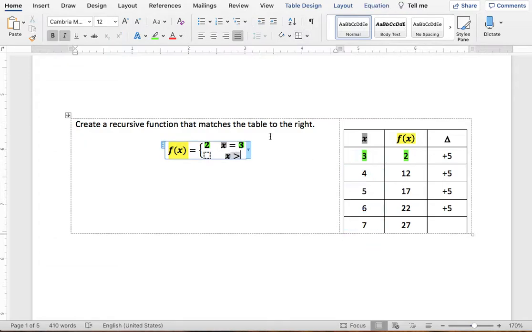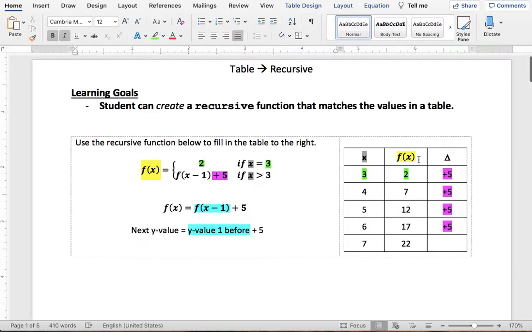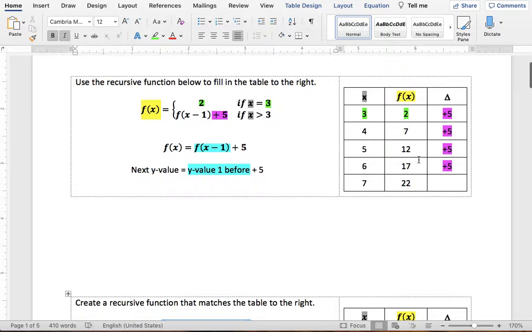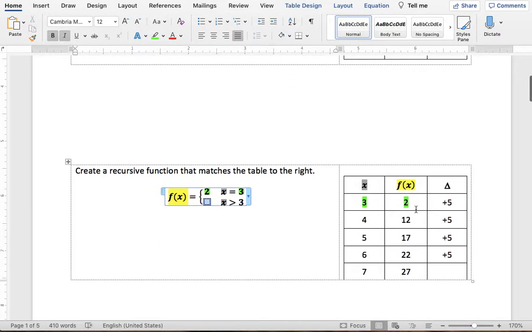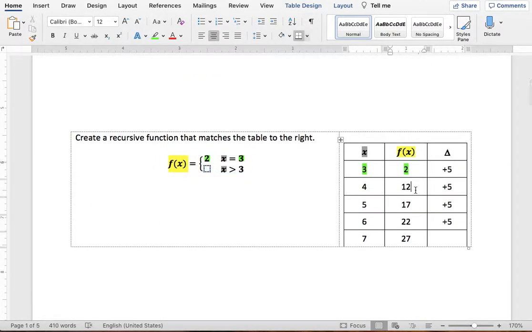So this is going to be when x is greater than 3. I'm going to have some other equation I use. Okay, now, this table should look like this.